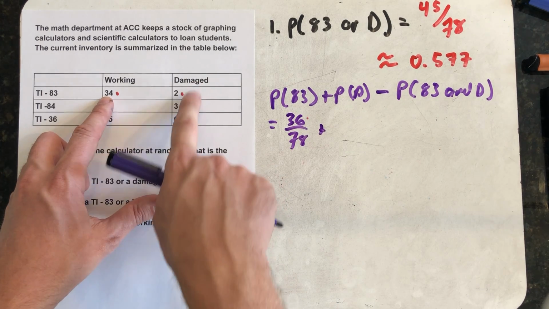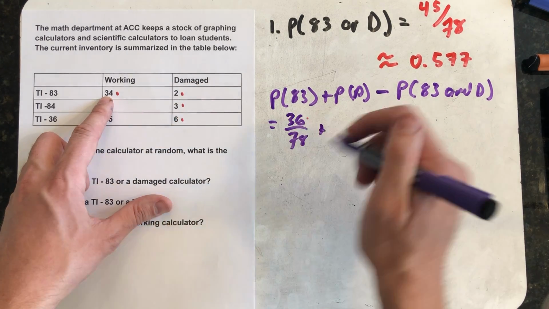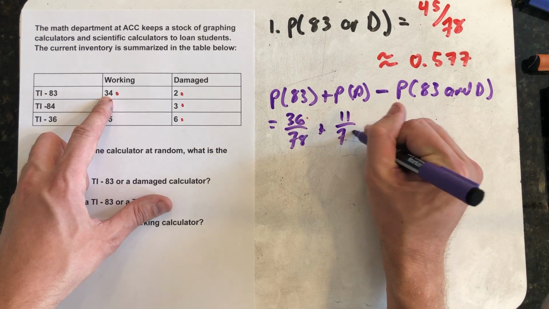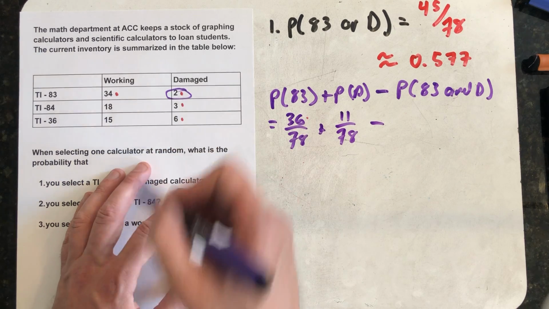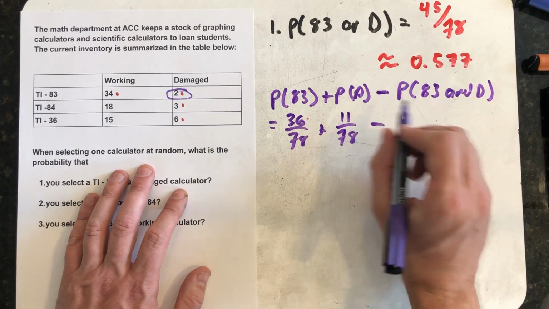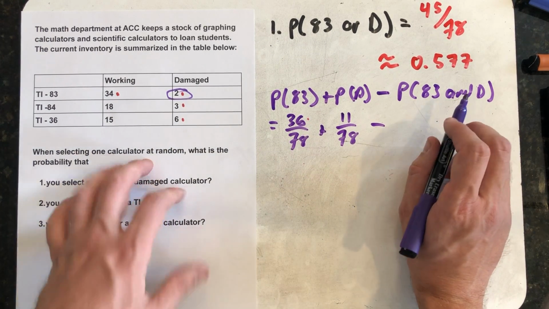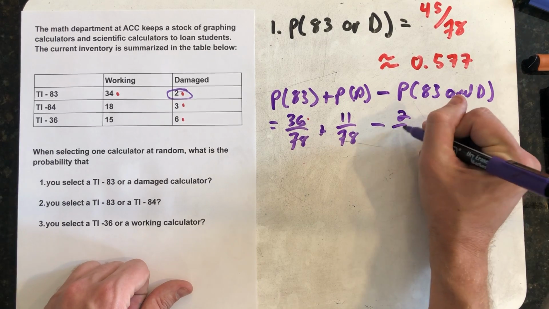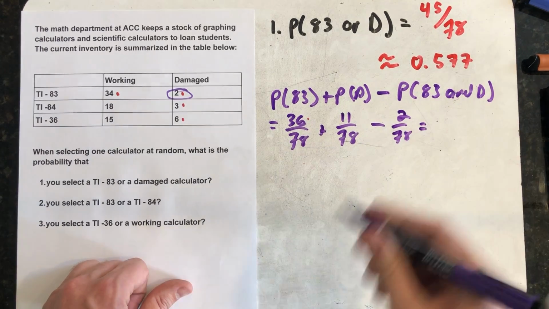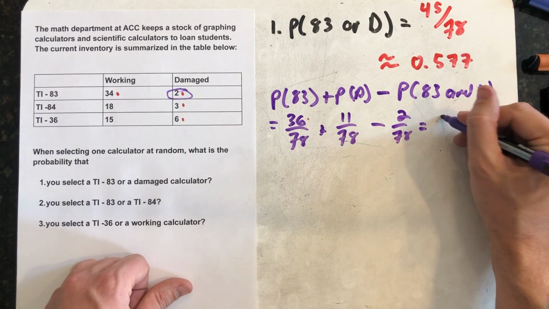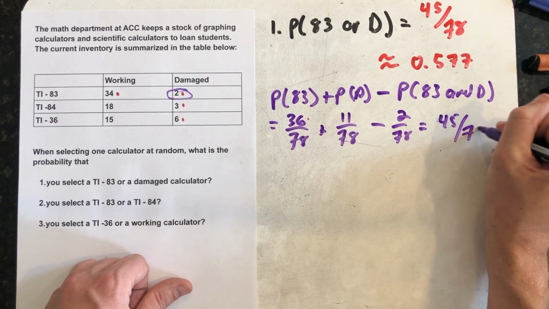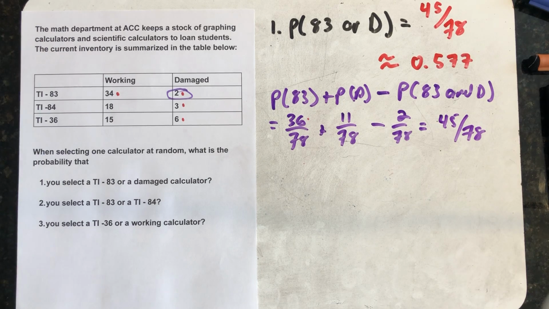Damaged calculators, let's see, 2 and 3 make 5, 6 more is 11 out of 78. And now I'm just looking at the spot that's in the overlap, and that's these two. I've counted those twice. So the probability that I get an 83 and a damaged calculator is just 2 out of 78. And if I look at that probability, I have 36 and 11, which would make 47. Take away 2 is 45 out of 78. Using either the intuitive or formal addition rules, we get the same probability.